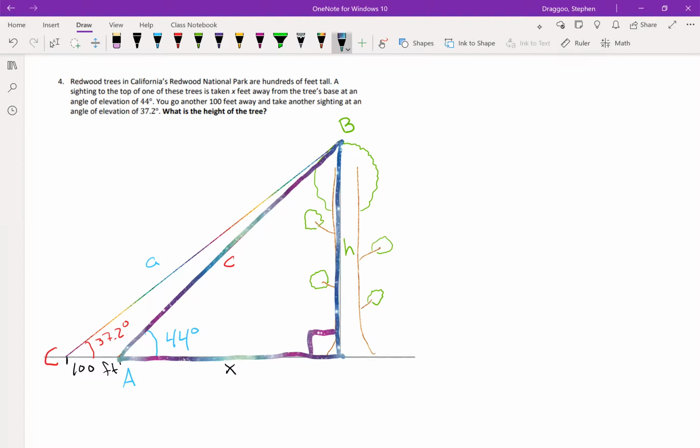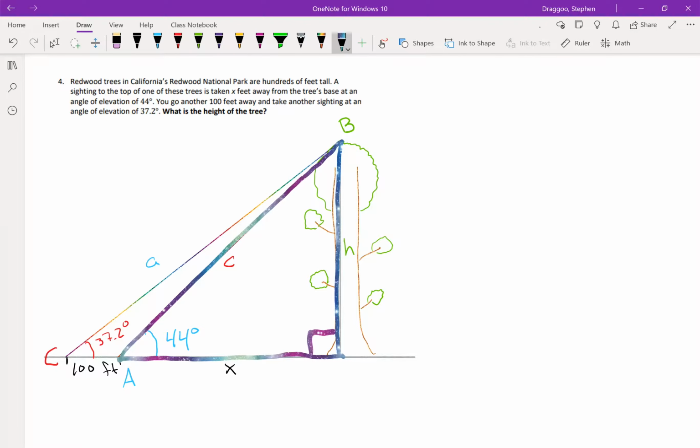It's got a 44-degree angle in the lower left corner. Its opposite side is H, and its hypotenuse is C, while its adjacent side is X. So that right triangle would be nice to work with if I knew any of the side lengths in that triangle.